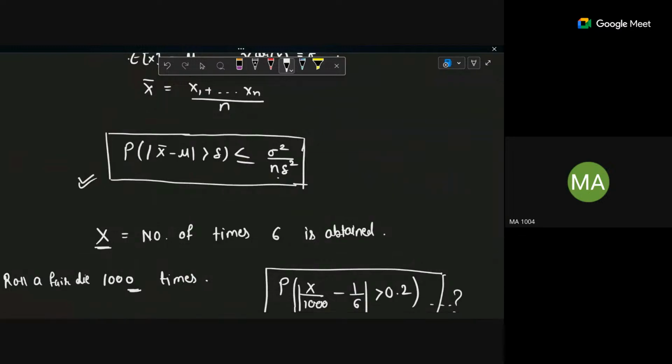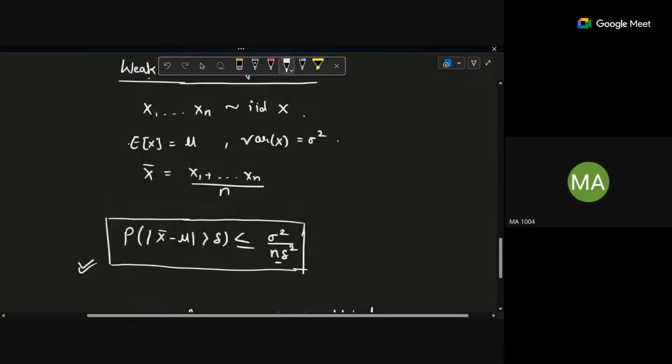Because n is what? Number of times, 1000. You are saying 1000 by observing that you have rolled a die 1000 times, right? If I give you this information, that the weak law of large numbers is given like this, just look at it and tell me what n denotes here.